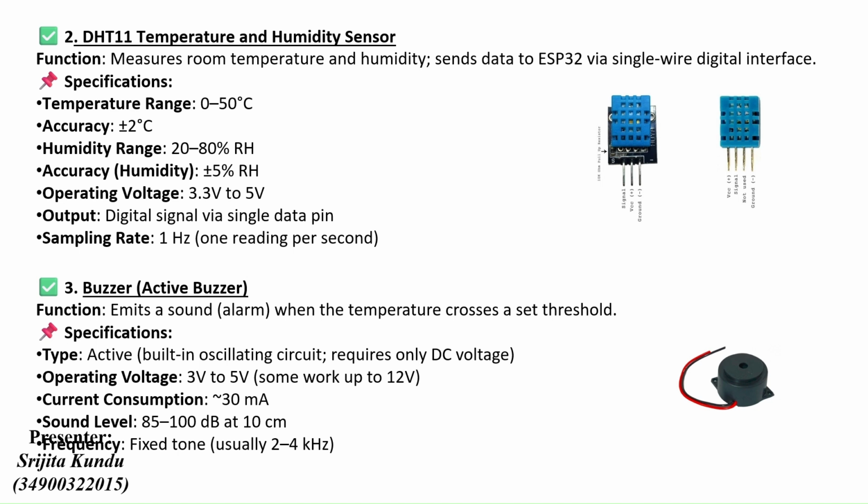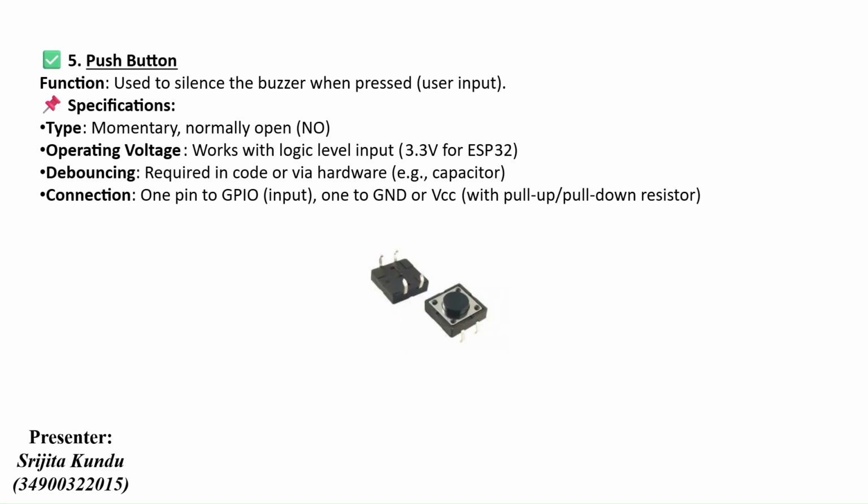When the sensed temperature exceeds a preset threshold, the microcontroller activates a buzzer to provide an audible warning. The buzzer is directly controlled by one of the ESP32's GPIO pins, making the circuit simple and efficient. A push button is included to allow the user to manually silence the alarm after it is triggered.